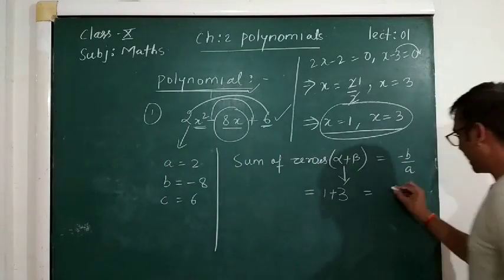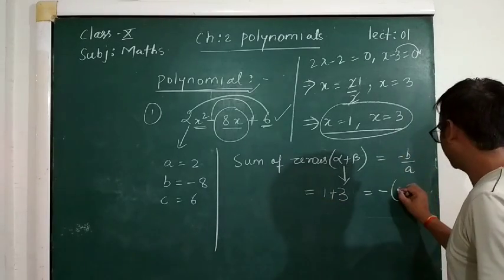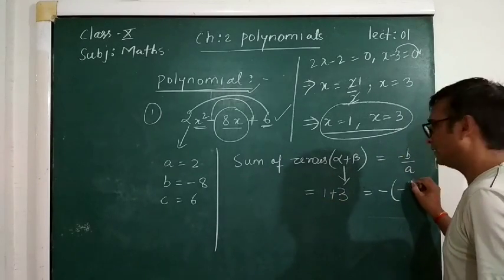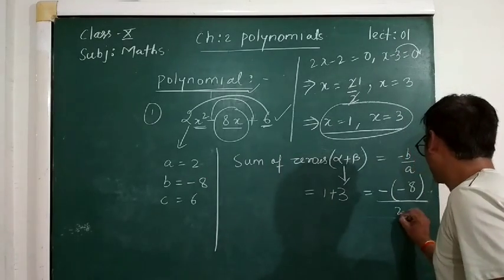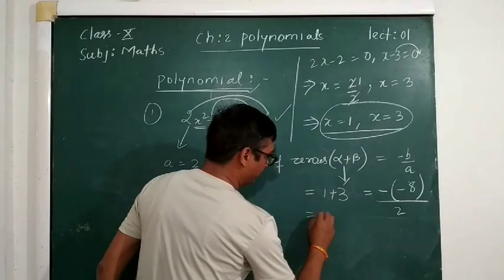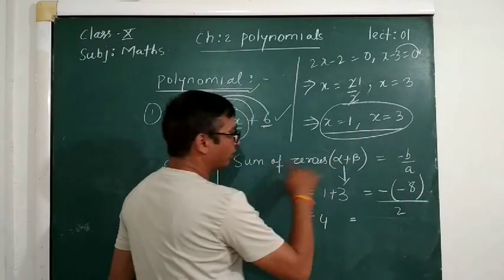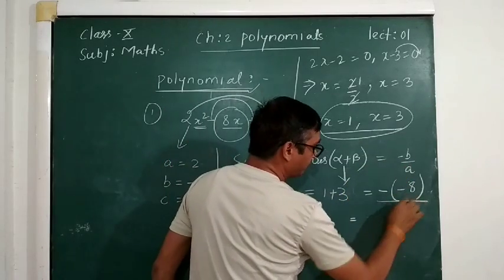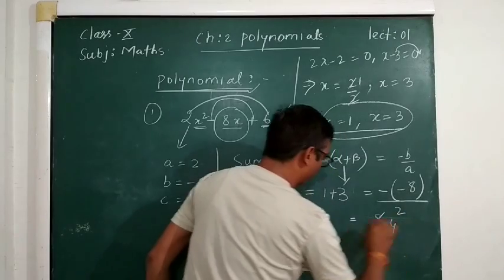So here minus is written first, then inside the bracket this minus b, that is 8, upon the value of a, 2. So it will be 4, and according to this sum of the zeros, we are also getting minus minus plus, so 8 by 2, so it will be 4.